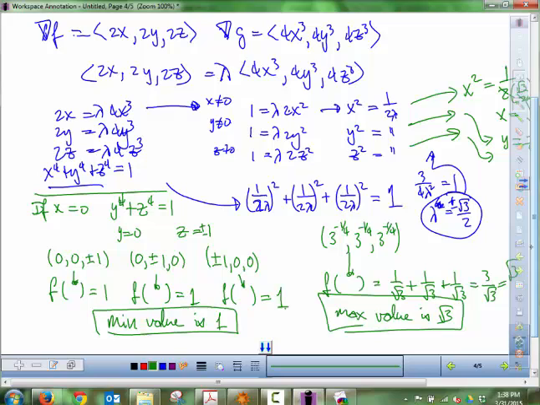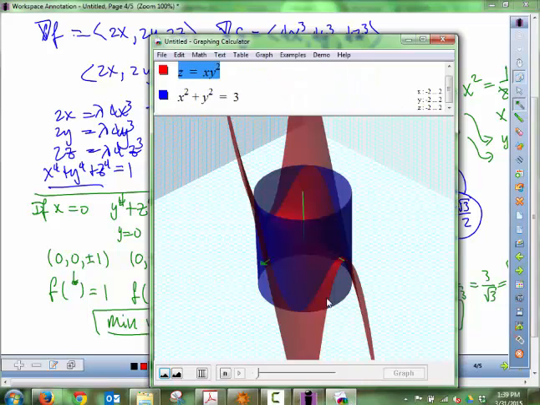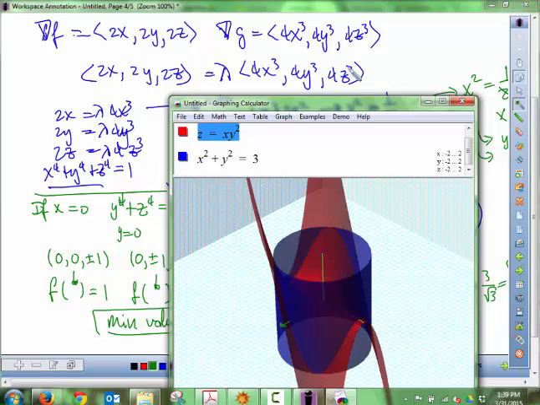So, should we do another one? One more? I was going to draw this. We could draw it, but let's draw it first and let's talk about it, because there's something interesting going on here.